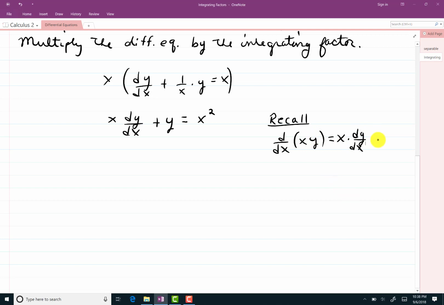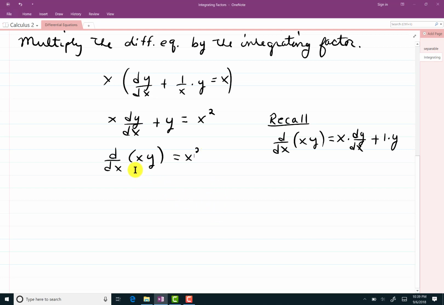And then I'll have plus the derivative of x, which is 1. If you'll notice, this equals what I have on the left side of this equation. So I know that the left-hand side can be rewritten as d over dx of x times y. And the right-hand side is x squared.